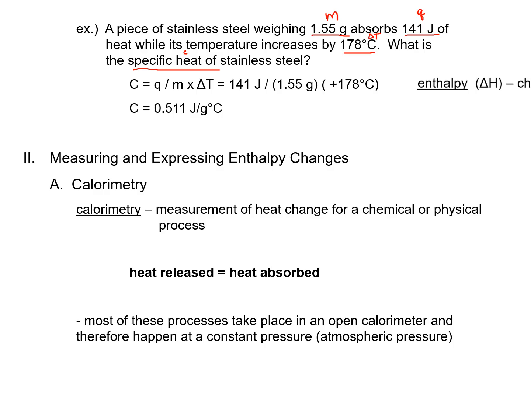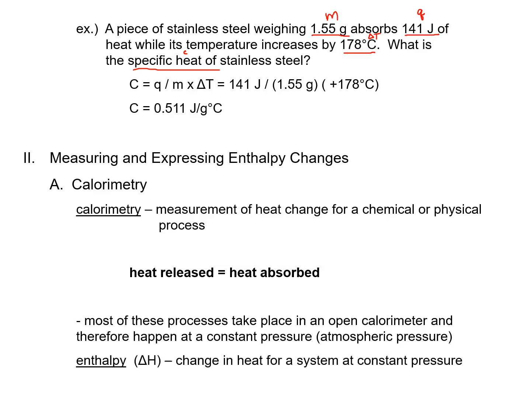It takes place at constant pressure inside of a regular room. And anytime we have a change of heat for a system at constant pressure, instead of calling it heat, we technically call it enthalpy. All right, so here's where the H went from before. The change in heat for a system is delta H. Now, why don't we just continue to use Q, or why didn't we just use H originally?